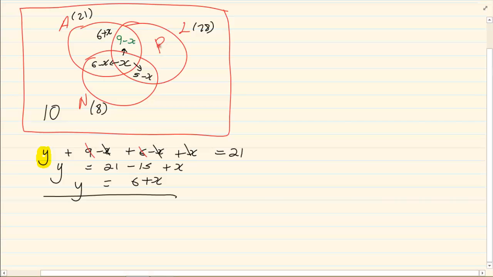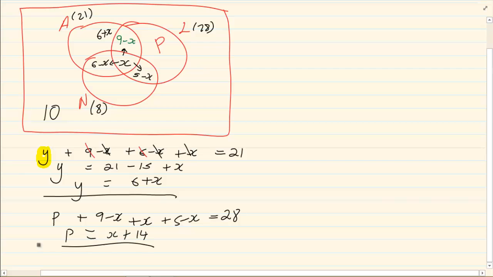Now let's make the side p. Now we know that if I take everything in p, plus I take the 9 minus x, the x and the 5 minus x, then it must equal 28. So what am I saying? P plus the 9 minus x plus the x plus the 5 minus x must equal 28. Now if you get p alone, then you're going to end up with x plus 14.